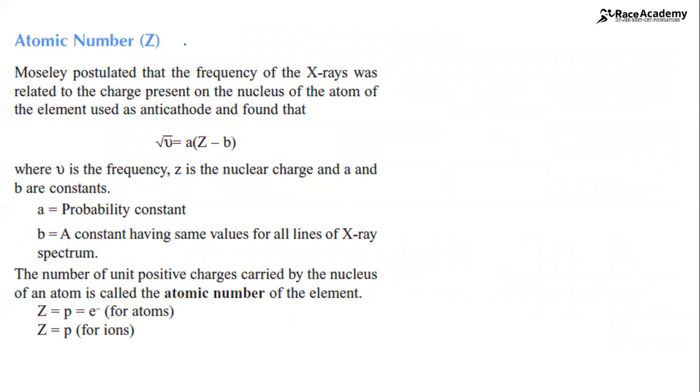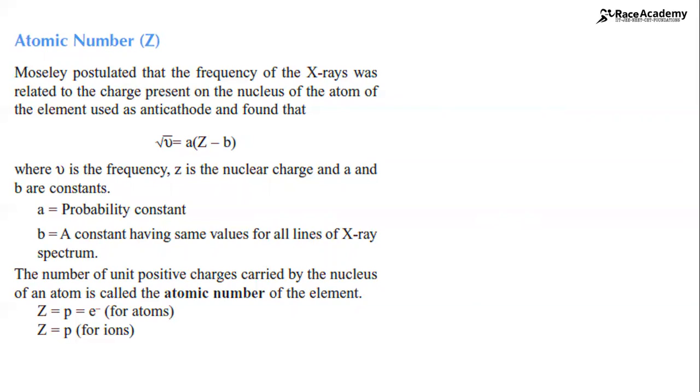What is atomic number? Moseley postulated that the frequency of X-rays was related to the charge present in the nucleus of an atom of an element used as anti-cathode, and found the relation: square root of frequency, nu, equals a into (Z minus b), where nu is the frequency and Z is the nuclear charge, and a and b are arbitrary constants. a is a proportionality constant and b is a constant having the same value for all lines of the X-ray spectrum.